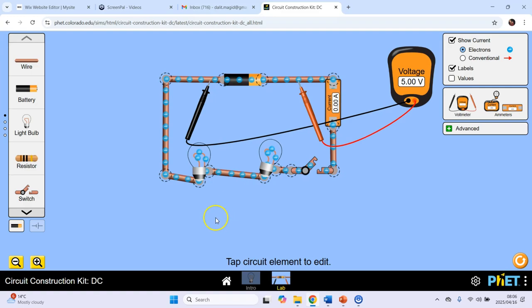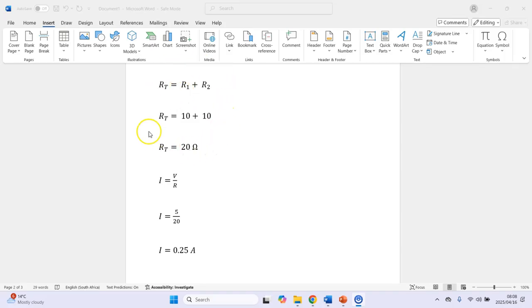Let's do the calculation. We first need to show our calculation for total resistance. So RT equals R1 plus R2, which is 10 plus 10, which is 20 ohms. Now that we have our total resistance, we can work out the current in the circuit. We have the voltage of the cell, 5 volts, divided by 20 ohms, and we get a current of 0.25 amps.